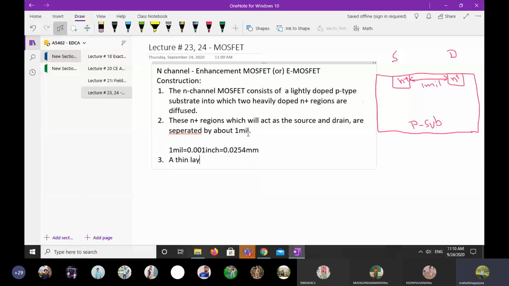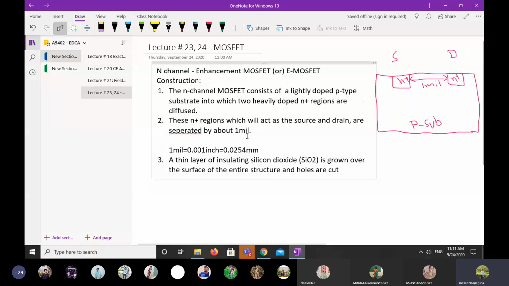Okay, so the third point is a thin layer of insulating silicon dioxide, SiO2, is grown over the surface of the entire structure, and holes are cut into the oxide layer, allowing contact cuts for source and drain.